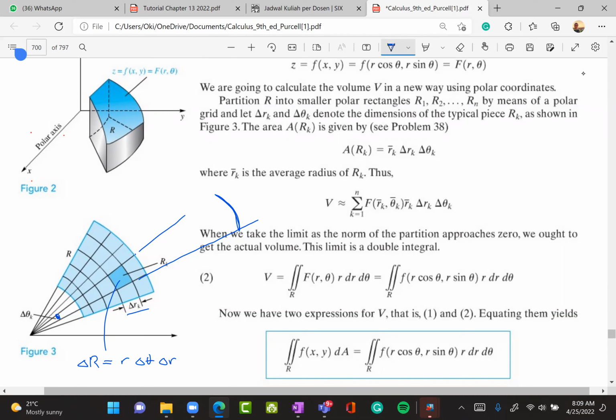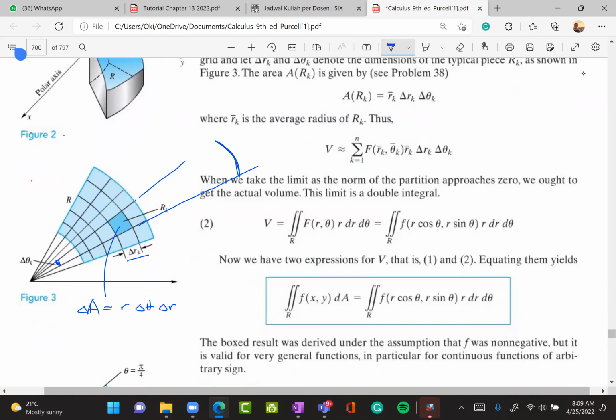Sorry, I should say delta A. This should be the area later on. Just this is the delta A.